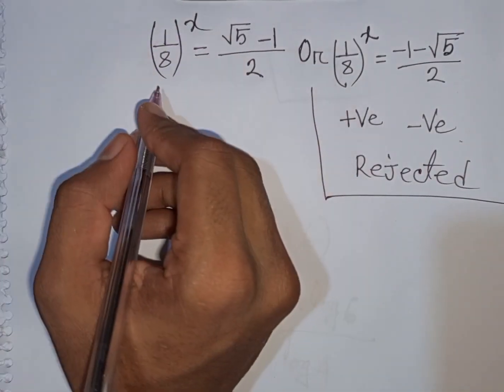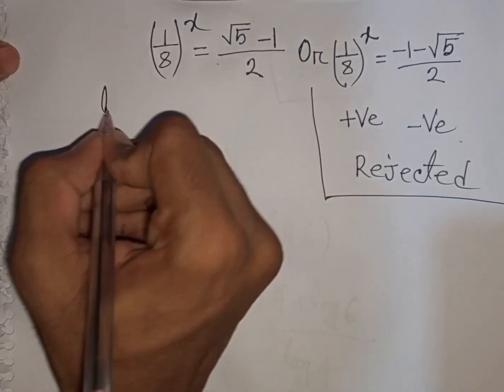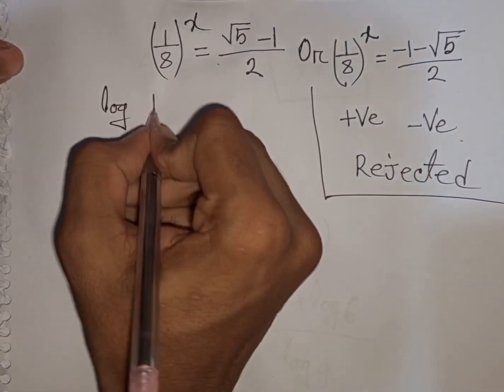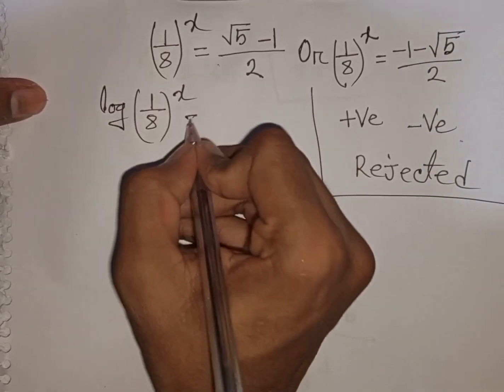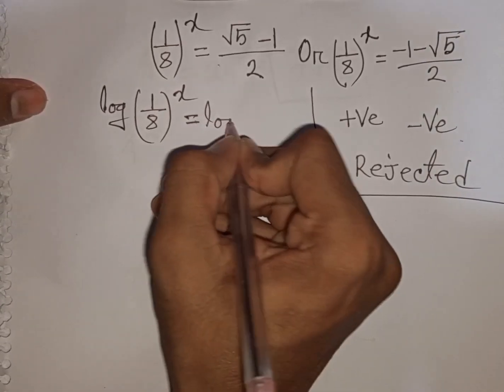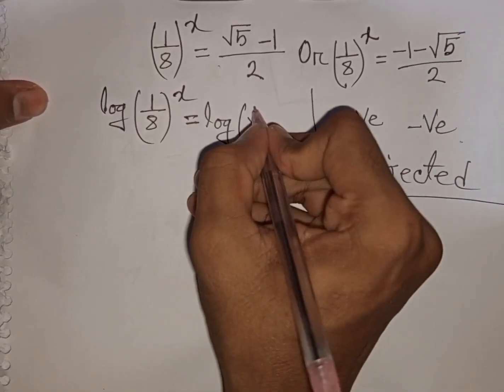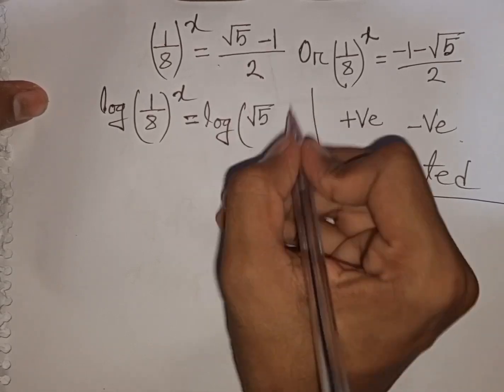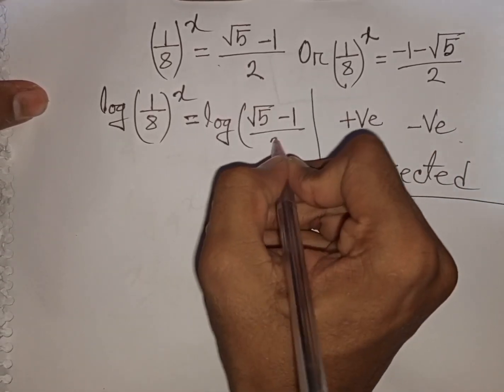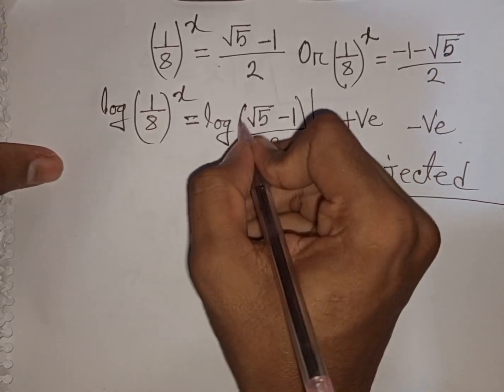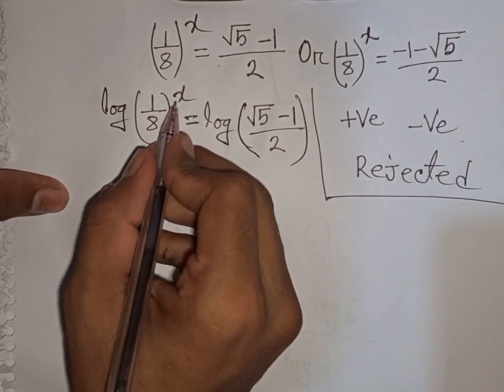Now, from here we take log on both sides. So, you can write log of 1 by 8 bracket power x is equal to log of a square root of 5 minus 1 divided by 2. Now, this power x will move to the front.